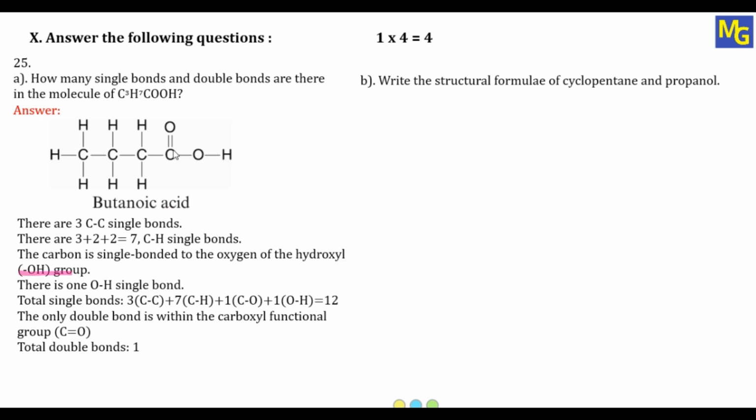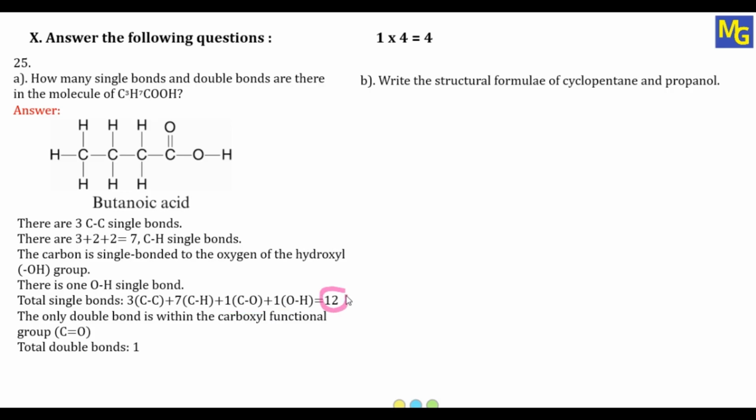So see here, this carbon is singly bonded with the oxygen of hydroxyl. This is hydroxyl group, OH group. And this oxygen and this carbon is singly bonded. So this we have to remember. There is one OH single bond. So this is also one single bond. So total how many? Total single bonds: 3 CC, 7 CH, 1 CO and 1 OH.